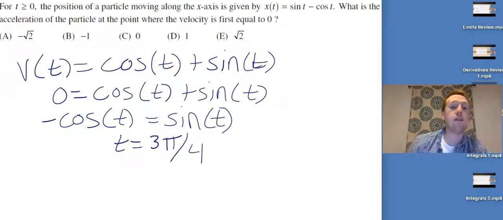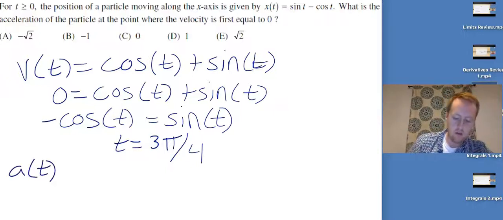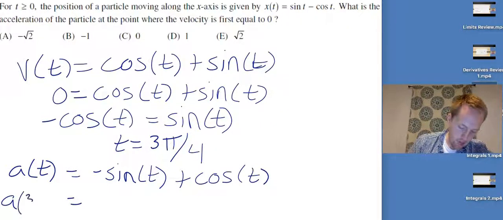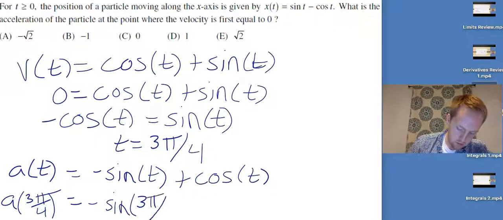Okay, so now I need to find the acceleration function and plug that in. The derivative of cosine is negative sine. Derivative of sine is cosine. So then a of 3 pi over 4 is negative sine of 3 pi fourths plus cosine of 3 pi fourths.